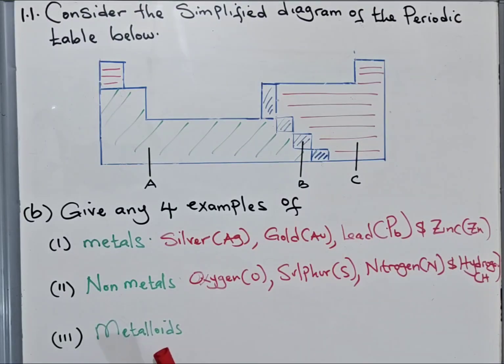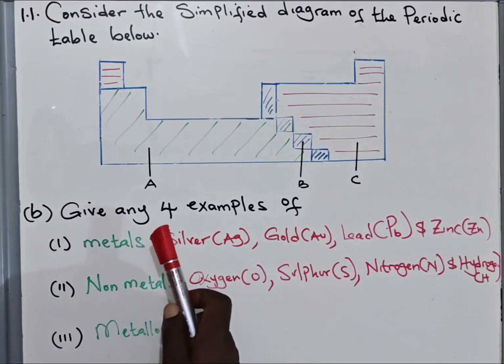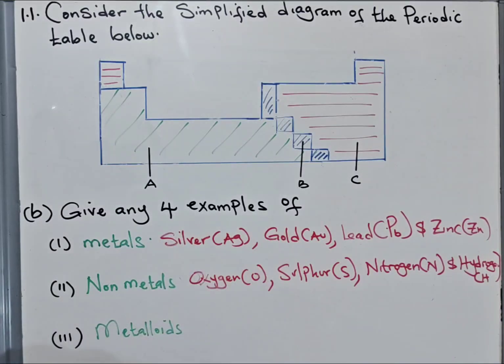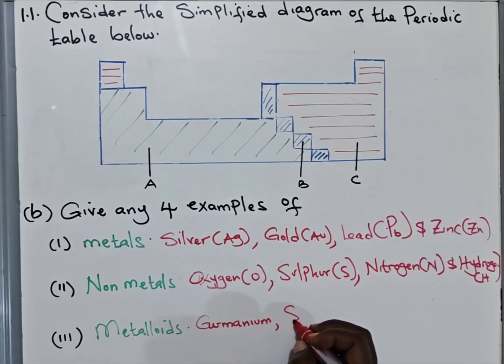Then we come to this one. It says give any 4 examples of metalloids. Here we have germanium and silicon.